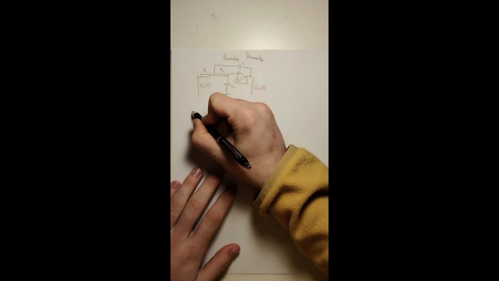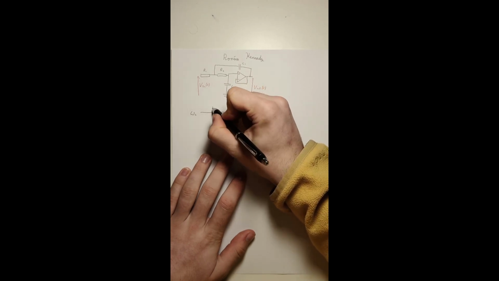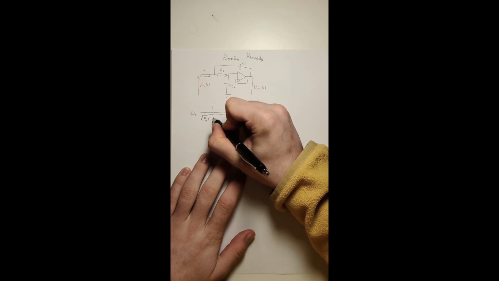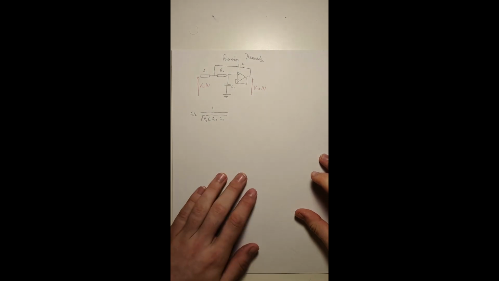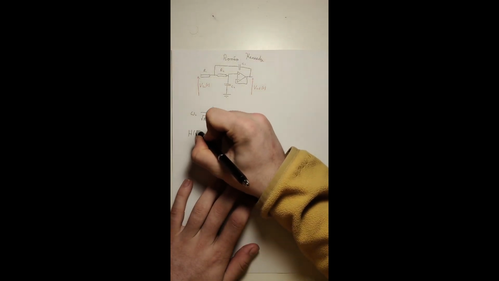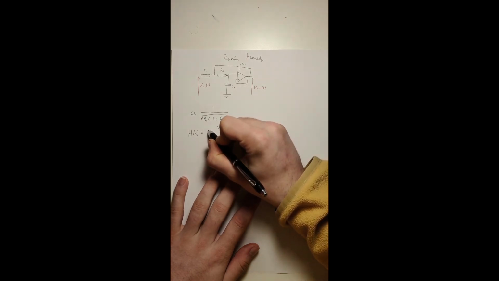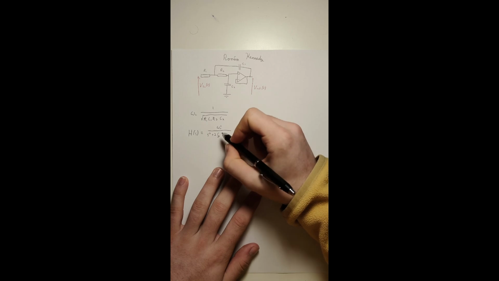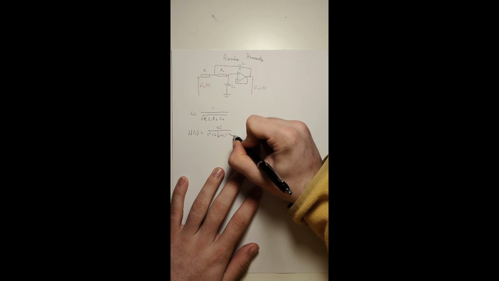First things first, we're going to say the cutoff frequency in angular frequency is 1 over the square root of R1 C1 R2 C2, and the transfer function H of s will be equal to omega 0 squared over s squared plus 2 zeta omega 0 s plus omega 0 squared.